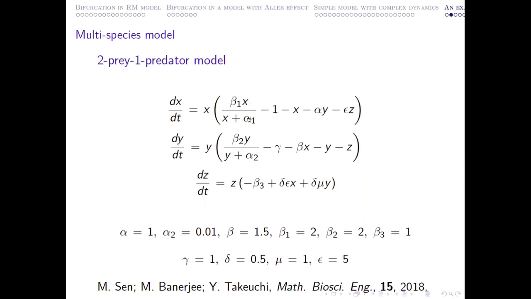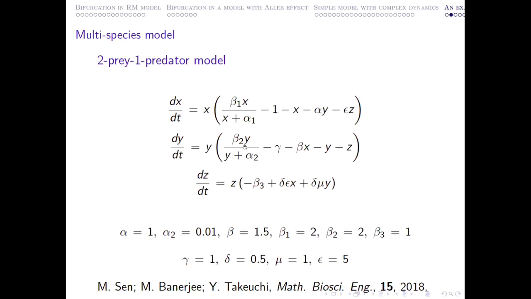The point is that if you substitute alpha 1 equal to 0, this will become beta 1, the growth rate. If you substitute alpha 2 equal to 0, you will get beta 2.